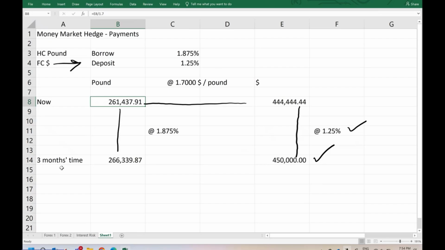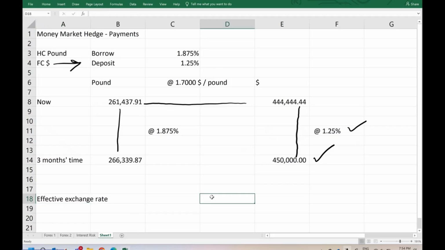A third kind of question he will ask you: tell me what is the effective exchange rate. Can you find it out?